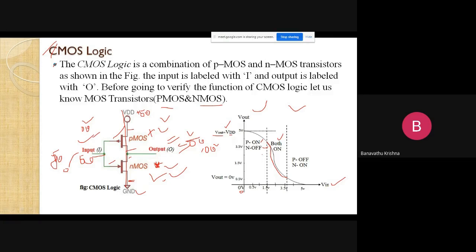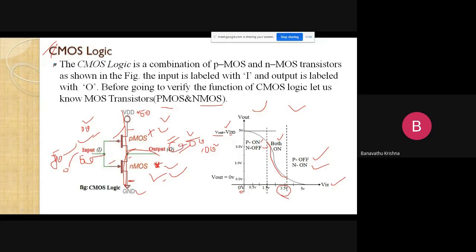Okay, so when V input exceeds this level, the PMOS is going to be off and the N channel is going to be on. That means when the input is greater than some voltage, it is like logic 5 volts, then the PMOS device is off and the NMOS device is on. Now the connection is available in this way, and whatever the response is here will discharge to ground.